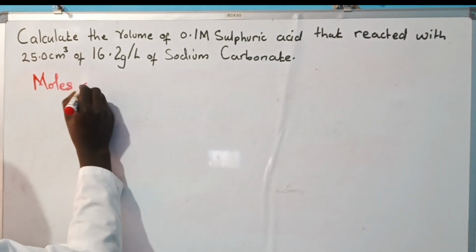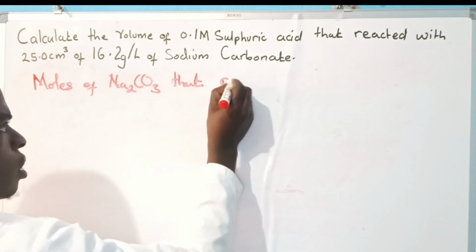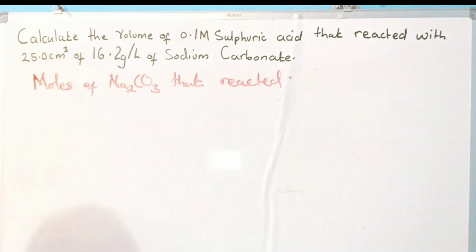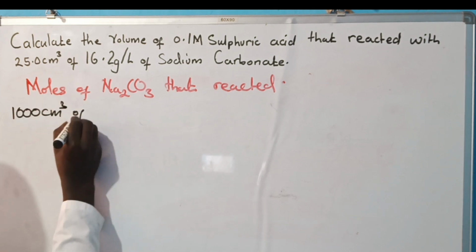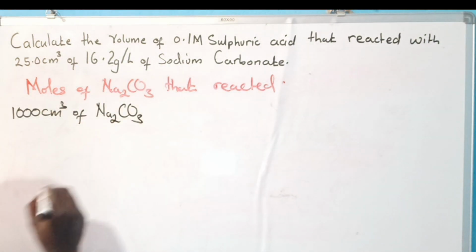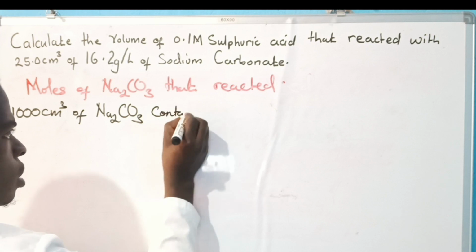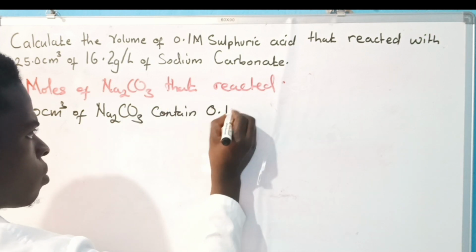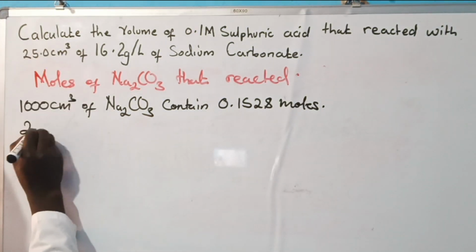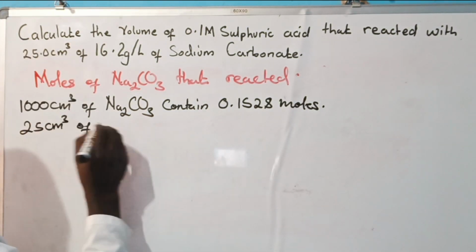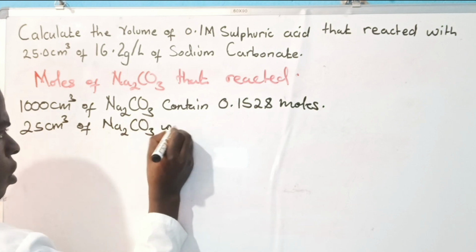In the next step, we are to determine the moles of sodium carbonate that reacted. 1,000 cubic centimeters or a liter of sodium carbonate contains the moles in a liter, or contains the molarity. What about the portion of sodium carbonate used, that is 25 cubic centimeters of sodium carbonate?